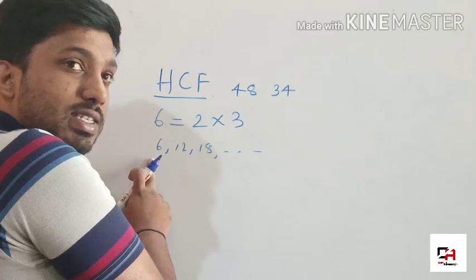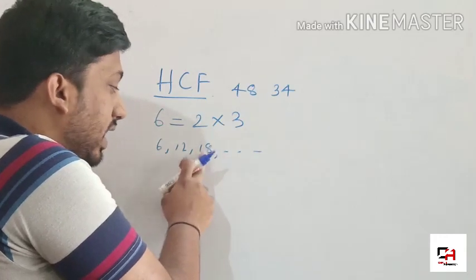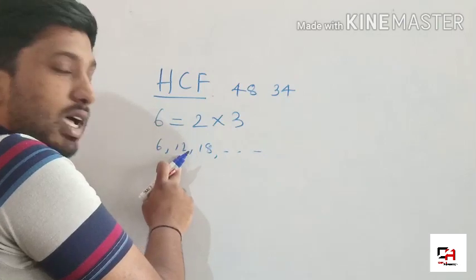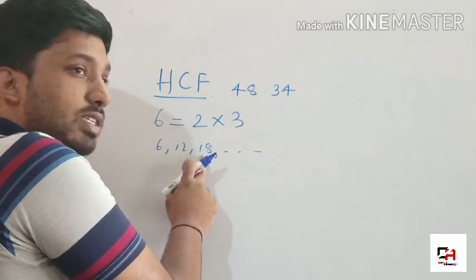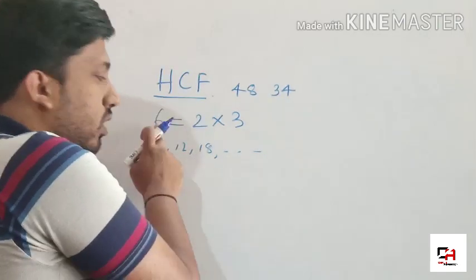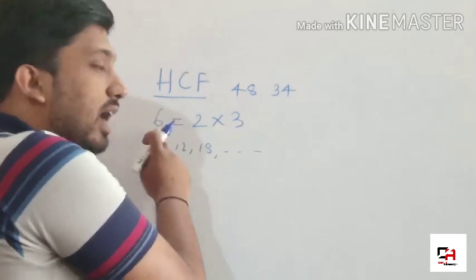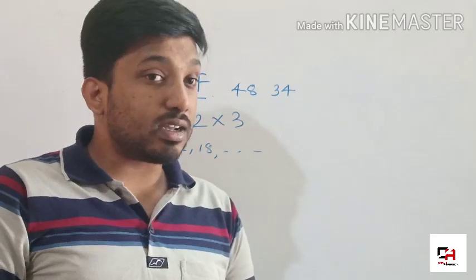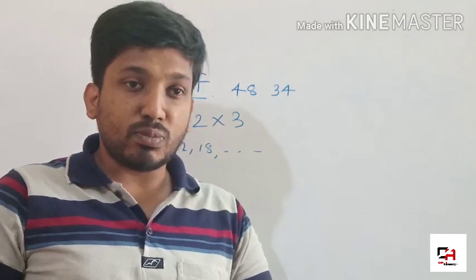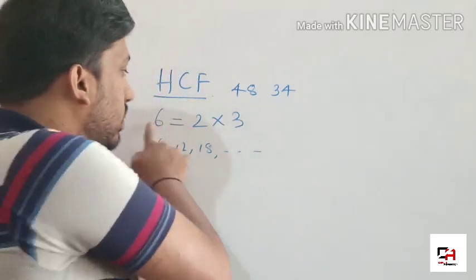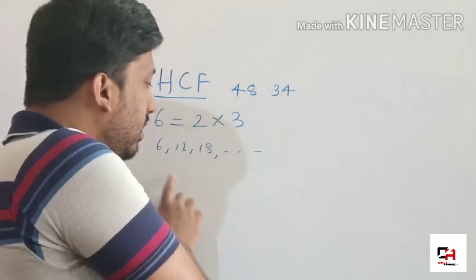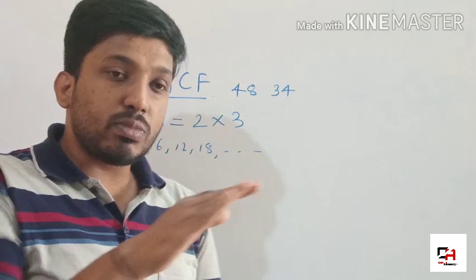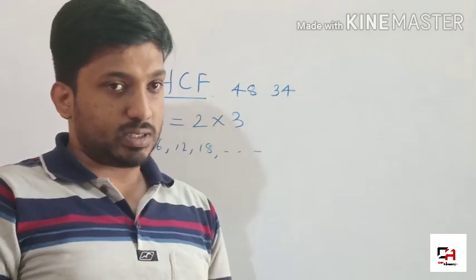So here we have taken 6, 12, 18. 6, again 6 is added to 6, it becomes 12, again 6 is added to 12, that is 18. These are the multiples of 6, whereas 2 and 3 are the factors of 6. I hope you got the clarity between factors and multiples. Two or more numbers which, when multiplied, give a particular number are the factors, and the same number where the repetitive addition happens, those numbers are called multiples.